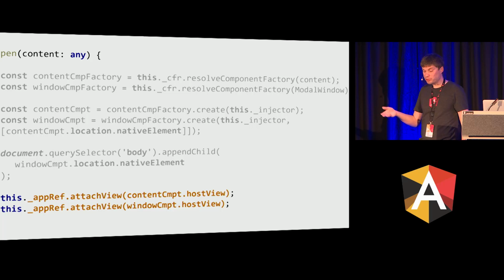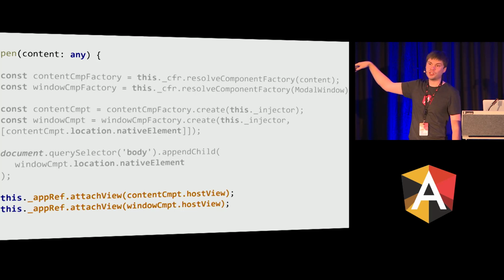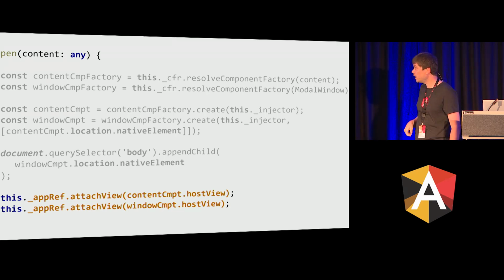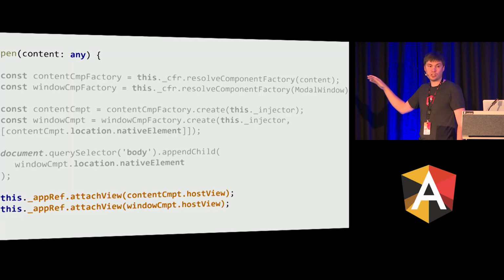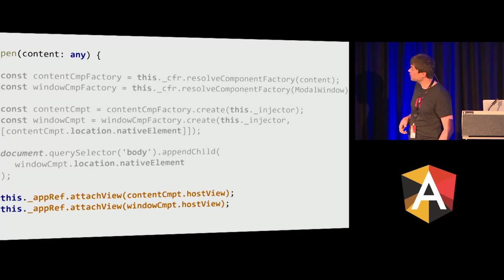Because previously we were manually calling detectChanges on the view we created. But here we can just say, hey, application ref, here's the view, make sure that you detect changes on it. The other cool part about it is that when the view gets destroyed, all those associated structures get cleaned up, so you don't have to worry about cleanup solutions.